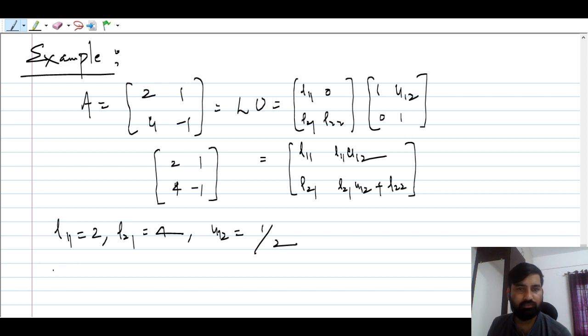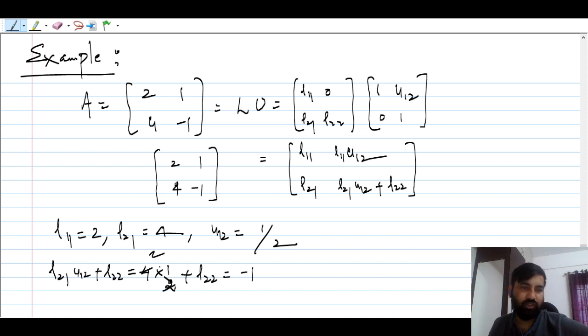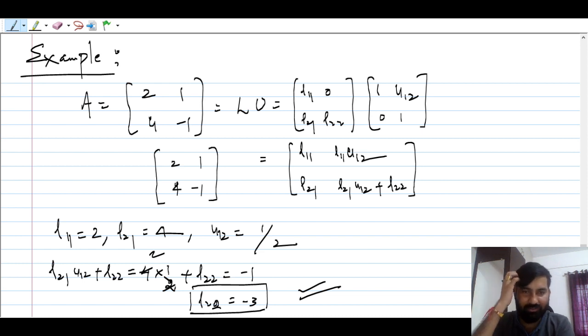Then L21 U12 plus L22 equals -1, where L21 is 4 into 1 by 2, so 4 times 1 by 2 plus L22, which you don't know yet, equals -1. This gives 2, so L22 is -3. I think this is clear. You understood how to use this direct method to find the unknowns in the lower and upper triangular matrices.